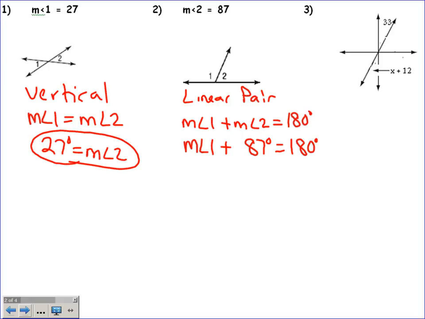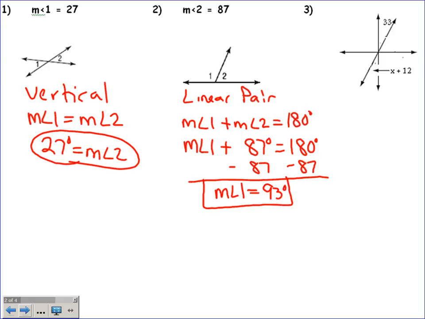How do I solve for x? I subtract 87. So in your calculators, you're doing 180 minus 87, and you get 93 degrees. Does this make sense?